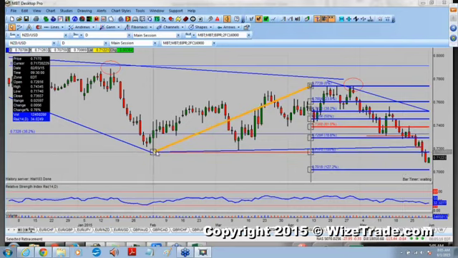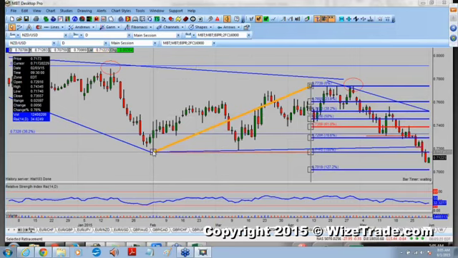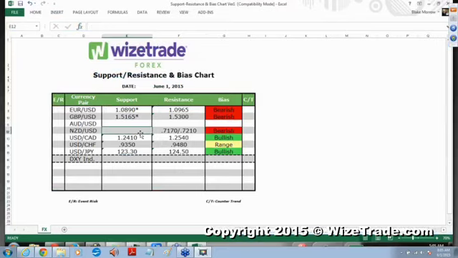Let's make sure I've got that number correct. So it's going to be 70.20. That's where really key support for the Kiwi comes in. Right now, as it stands, though, 70.75 will be support.